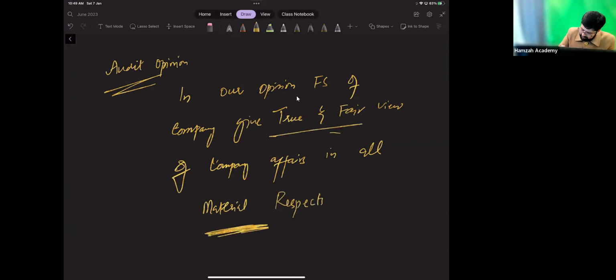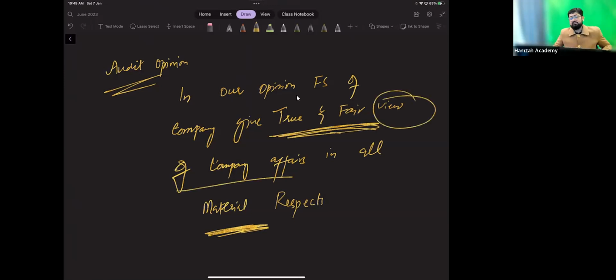Material, true and fair view of company affairs. Now, this is very important to understand, this wording.